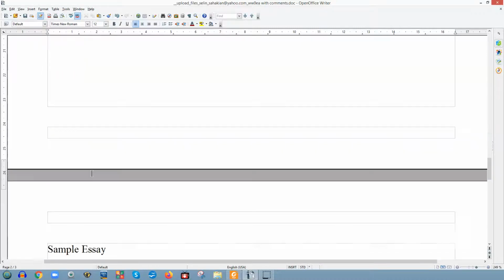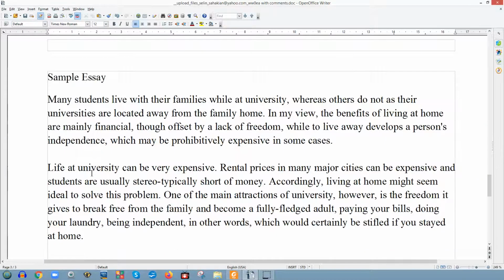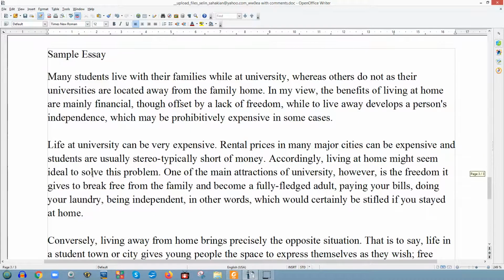Now, I did write you a sample to have a look at, just to give you some ideas. So, many students live with their families at university, while others do not, as the universities are located away from the family home. So I only mentioned university once and universities, a different word form. So, clear opinion.